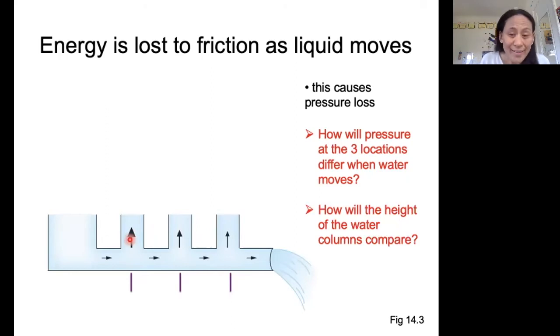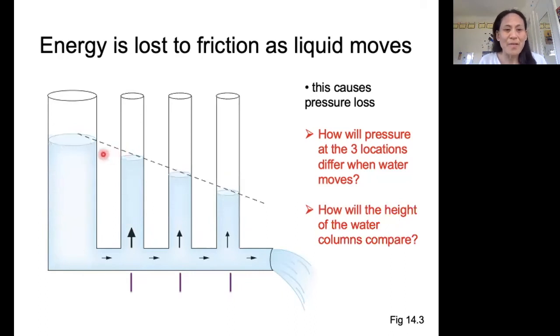Okay, so hopefully you figured out that the columns are going to be different heights, right? Since we have a large amount of pressure here, we can support a larger amount of water here. Basically, this is pressure that's pushing up. It's going to be able to support a large amount of pressure pushing down from this water here. We have a moderate amount of pressure pushing up here.